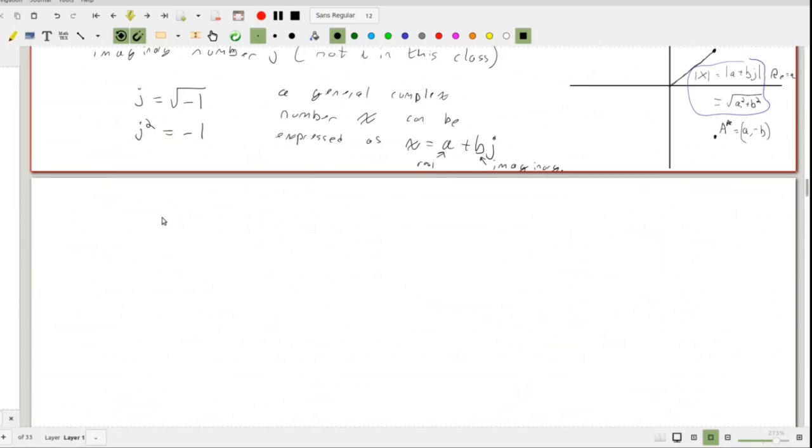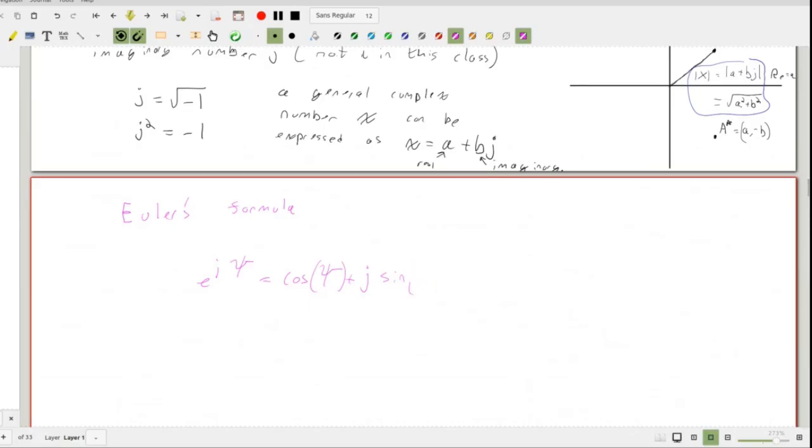So Euler's formula is e^(jψ) is equal to the cosine of ψ plus j sine of ψ. I'm not a big fan of this eraser.